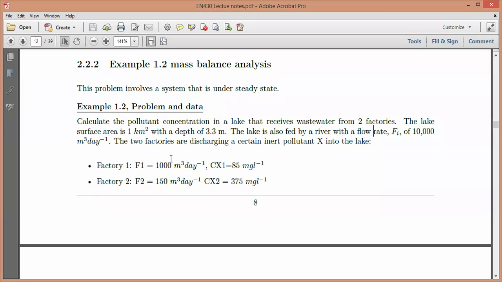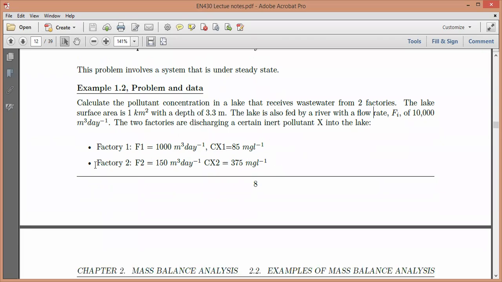Okay, then you've been given here the parameters, the flow rate. So for factory 1, it's discharging pollutant into the lake at this flow rate, 1,000 cubic meters per day. And the concentration of pollutant X, we're calling it CX1 in this case, is 85 milligrams per liter.